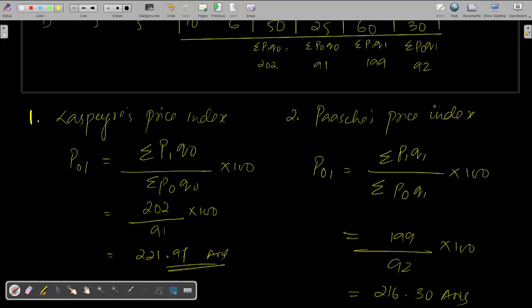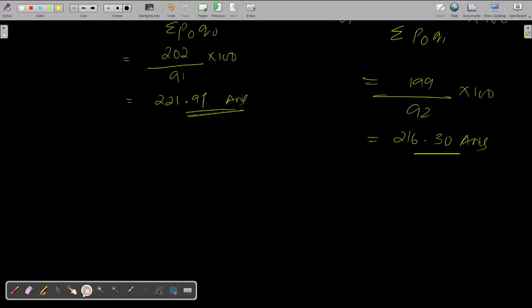Let me write it down clearly here that your homework is question number 9 and question number 13. In question number 9, you have to find out the quantity index, and in question number 13, you have to find out the price index.